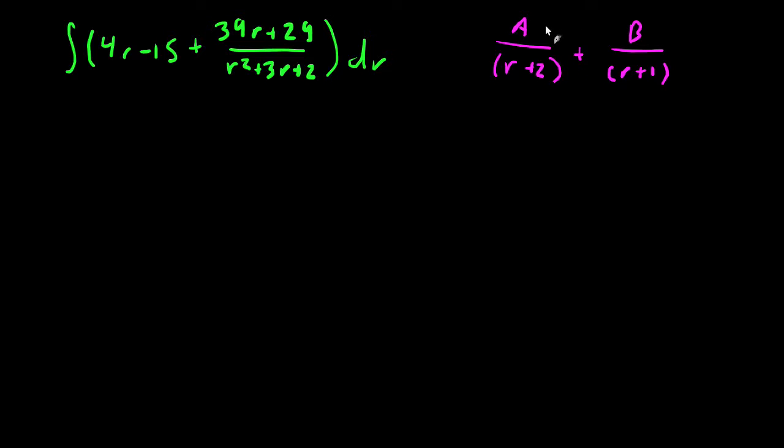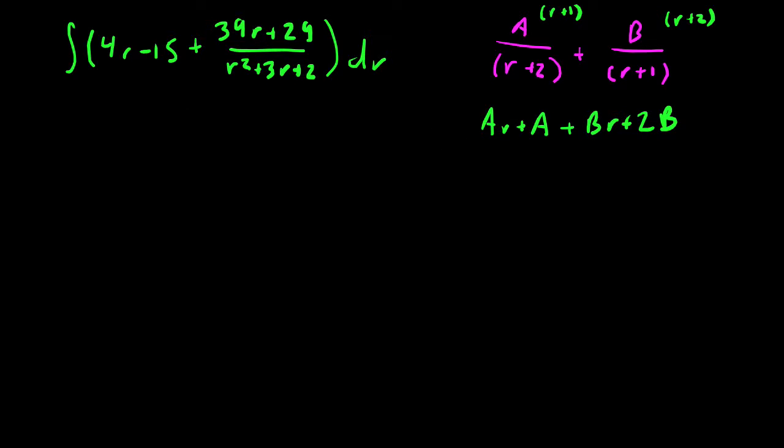This needs an r plus 1 factor. This needs an r plus 2 factor. And so I get ar plus a plus br plus 2b. And that has to equal 39r plus 29.